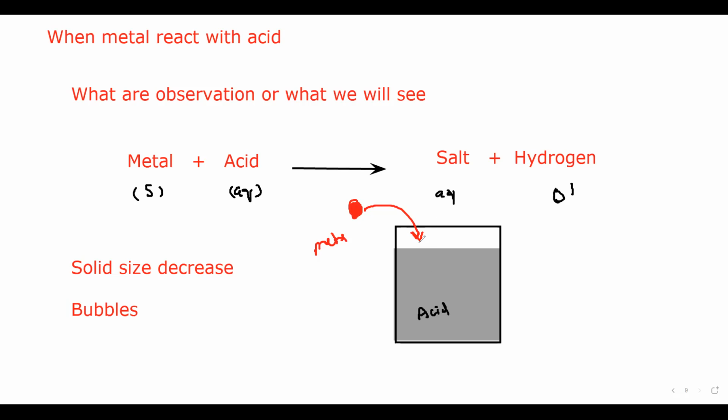As a result, metal plus acid will give salt and hydrogen gas. So what we'll observe: this solid when it is reacting, its size is decreasing, and the bubbles of the hydrogen are seen around it. Is it clear? The reaction of metal with acid, the observation.